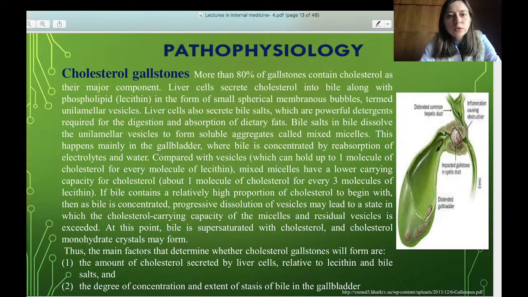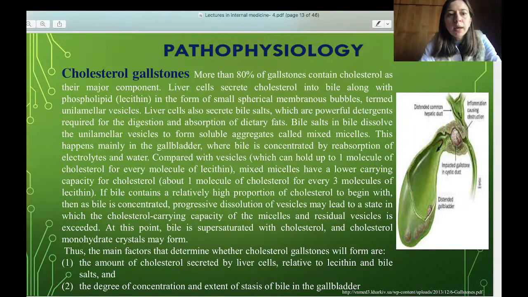Liver cells also secrete bile salts, which are powerful detergents required for the digestion and absorption of dietary fats. Bile salts in bile dissolve the unilamellar vesicles to form soluble aggregates called mixed micelles.